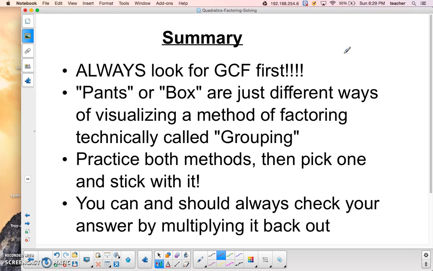Remember, pants or box is just different ways of visualizing, of seeing a method of factoring that's technically called grouping. So it's really up to you how you like to organize the work. Practice both methods, but then my suggestion is to pick one and stick with it. You can and should always check your answer by multiplying it back out, even if you just do that in your head.